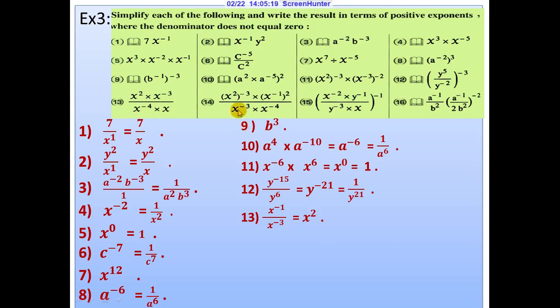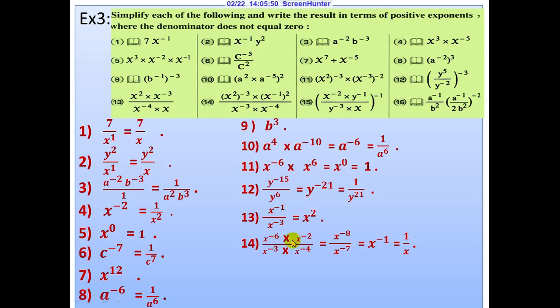Let's see number 14. (x^2) raised to power negative 3, multiplied by (x^-1) raised to power 2, over x^-3 multiplied by x^-4. By distributing the power here, it will be x^-6 multiplied by x^-2 over x^-3 multiplied by x^-4.